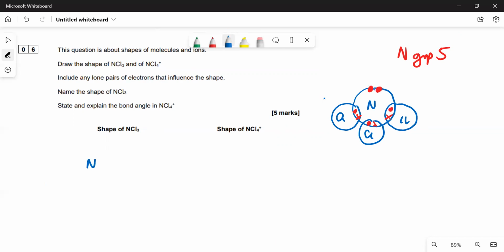It's going to be tetrahedral basically, but you've got one chlorine coming towards you, one going back into the plane of the paper, one in the plane of the paper, and then you can have a lone pair here. Okay. It doesn't ask for the bond angle there. So what would you call that? You call it trigonal pyramidal.